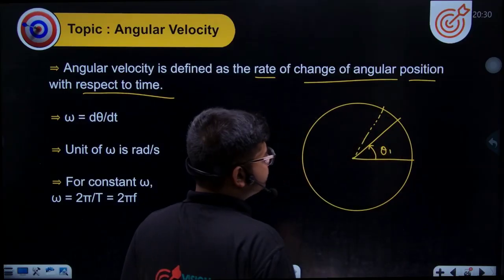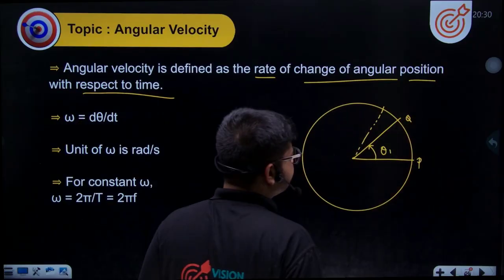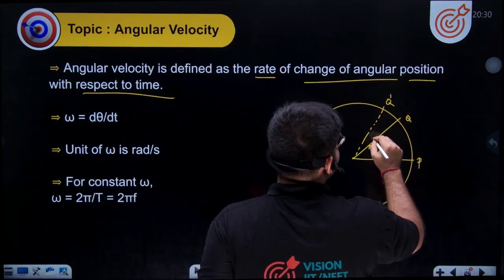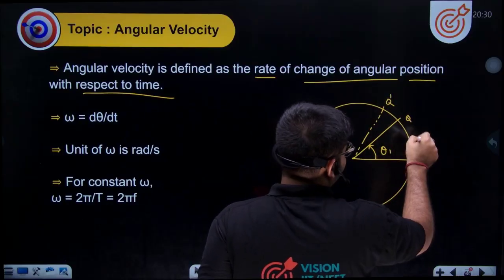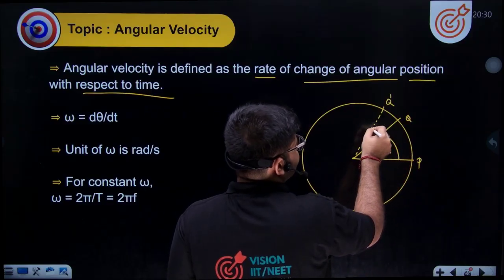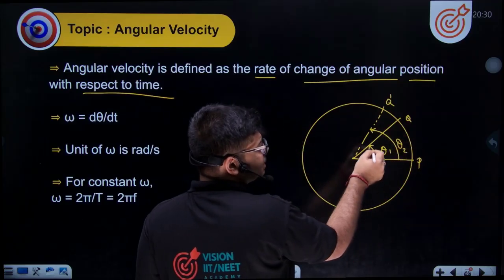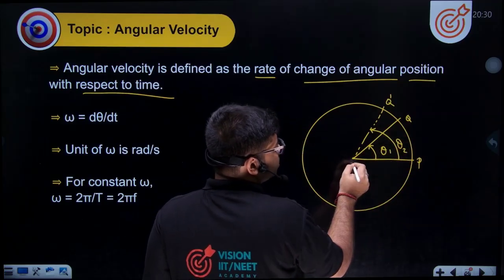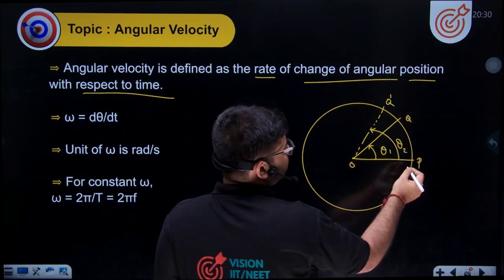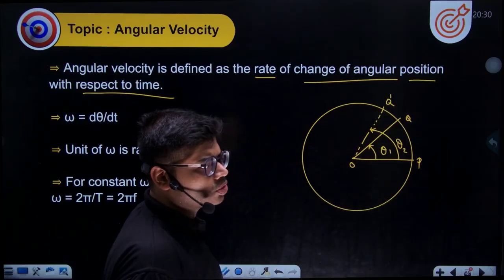Okay, this is theta 1. From P to Q is theta 1, and this entire section is my theta 2. So this angle P, O, Q is theta 1 and P, O, Q prime is basically theta 2.